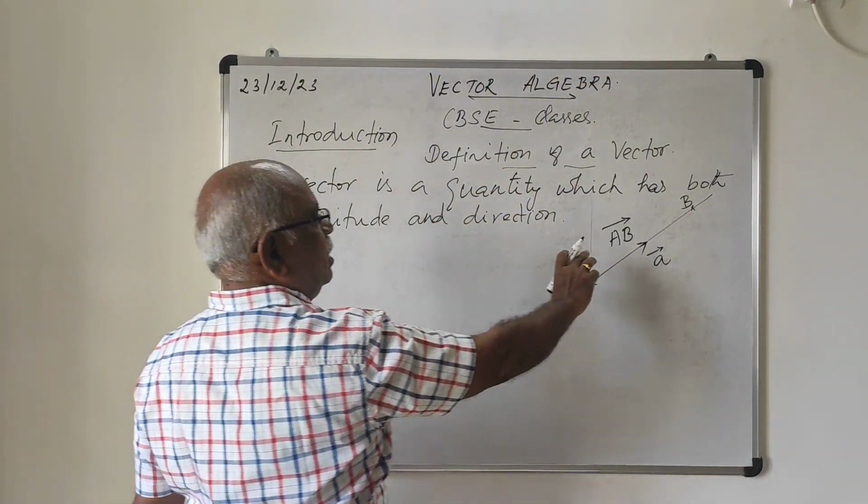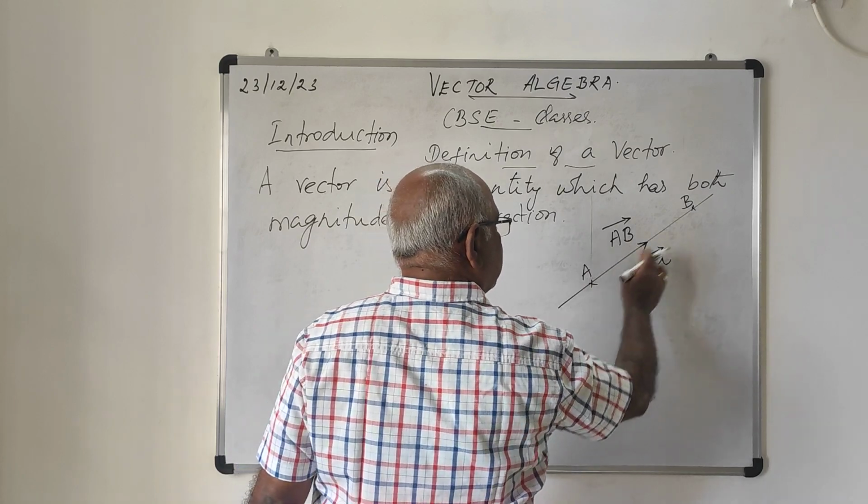So this is a quantity which has both magnitude and direction. The magnitude of the vector is the distance AB.